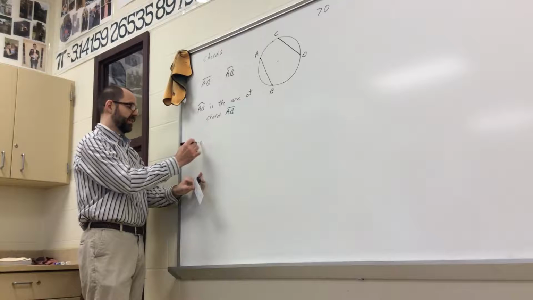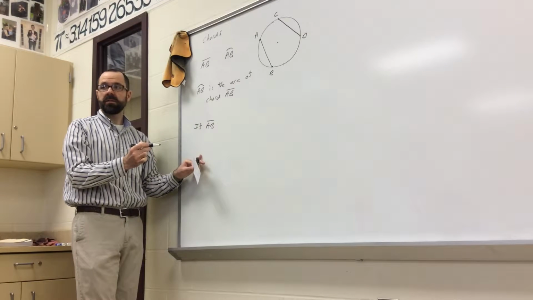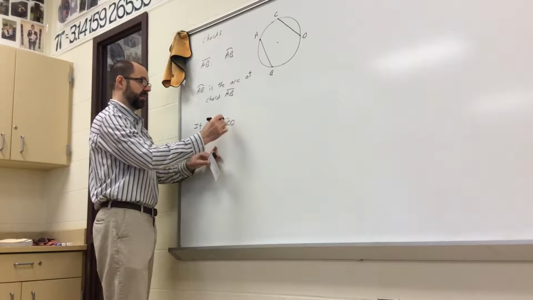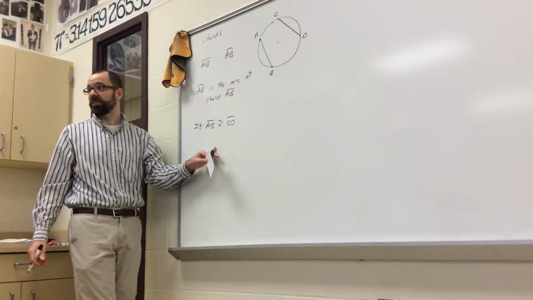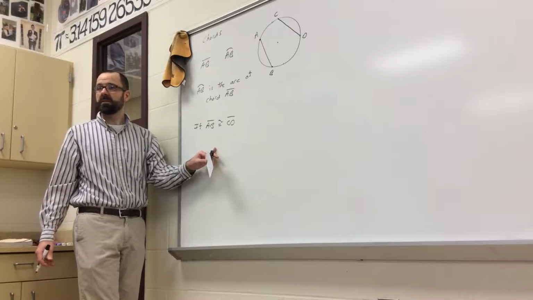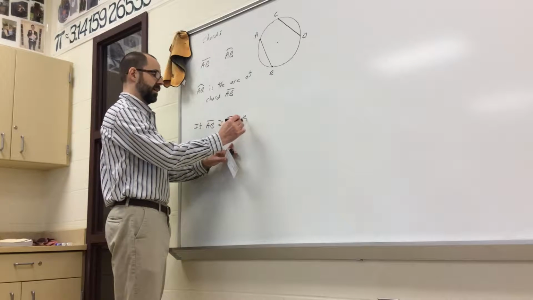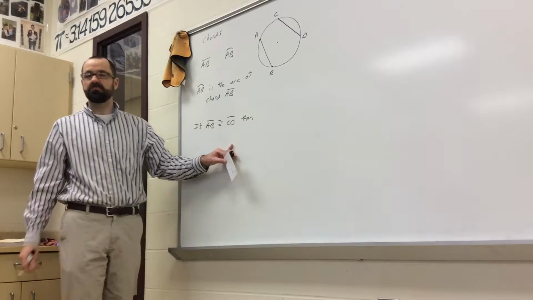So it turns out that if chord AB is congruent to CD, so if they're the same size and shape, if they're the same length, then something happens.